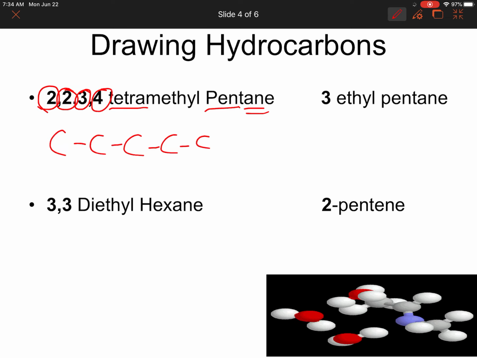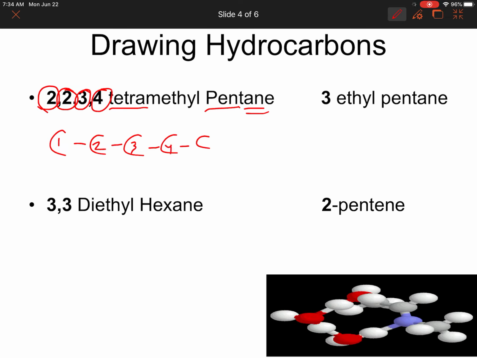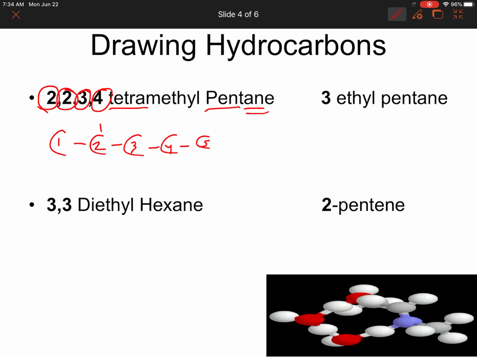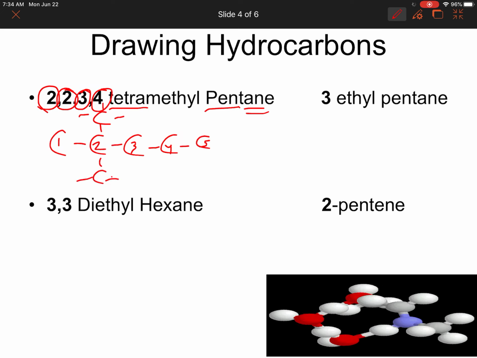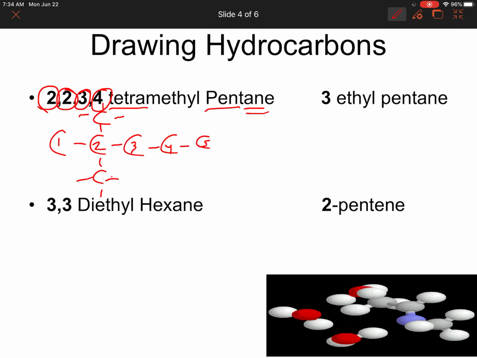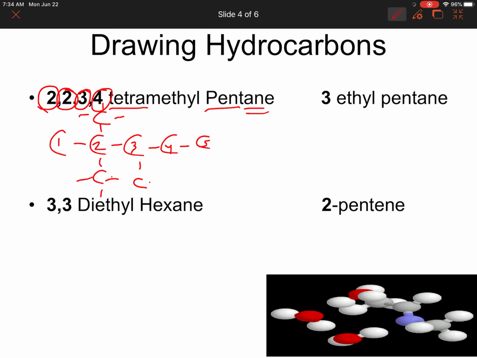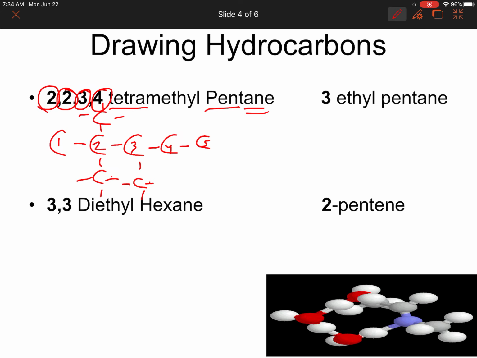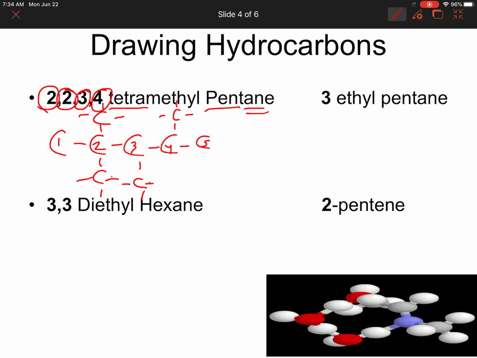Again, we're going left to right. 1, 2. There's a methyl on the top. There's a methyl on the bottom. There's a methyl on number 3 carbon. You can put it top or bottom, doesn't matter. I'll put it on the bottom this time. Same thing. Just make sure you have the bonds there, which represent the hydrogens. 4, I can put it top or bottom, does not matter. I'll just put it on top.